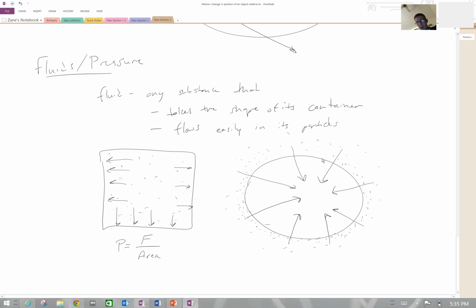Okay? So very near the surface of the Earth, the air pressure is greater because there's a lot more particles pressing on us, pressing on the surface of the Earth. As we get farther away from the Earth, the air pressure decreases.